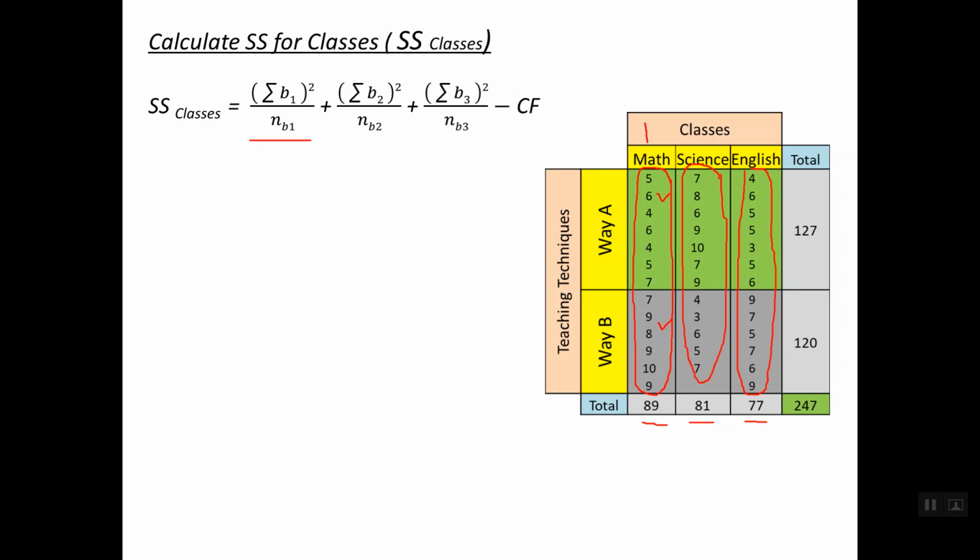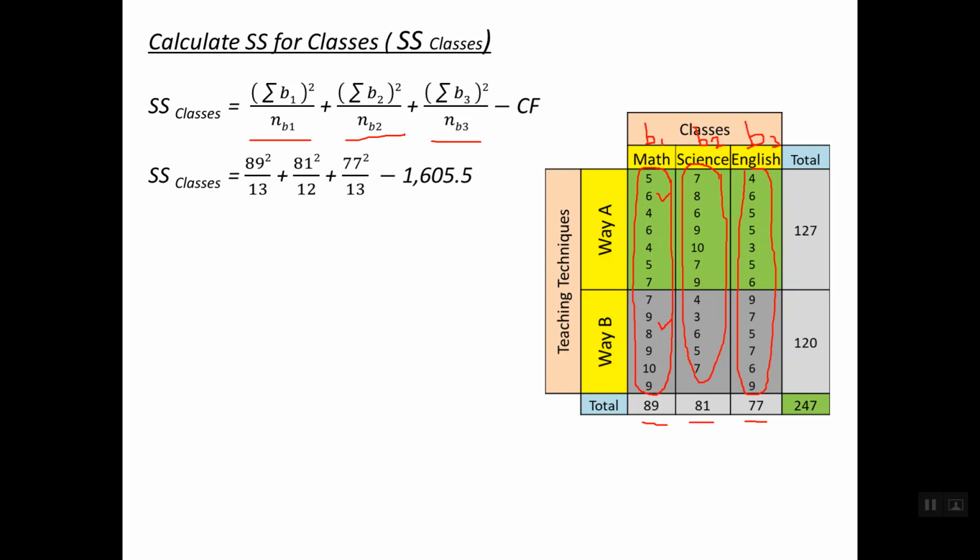For the math, it is B1. For the science, it is B2. And for the English, it is B3. This is the calculation for the second level, and this is for the third level, and this is the correction factor.